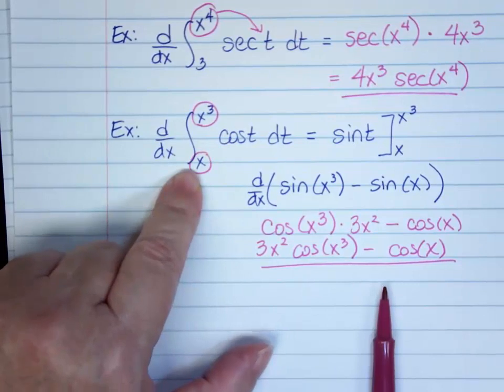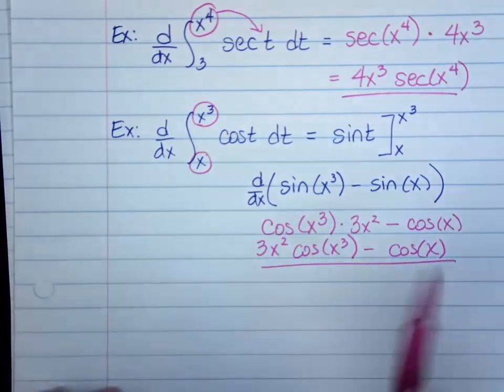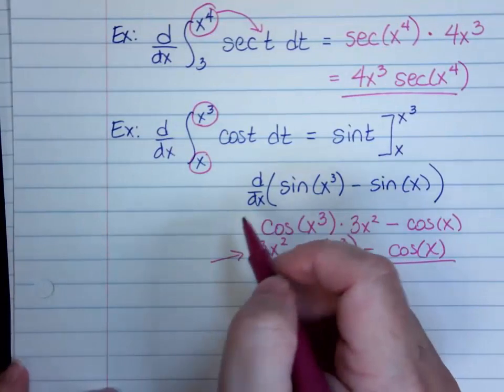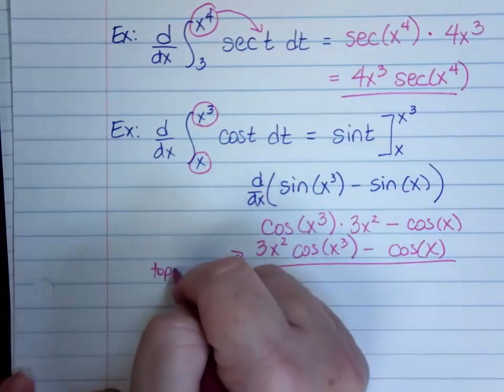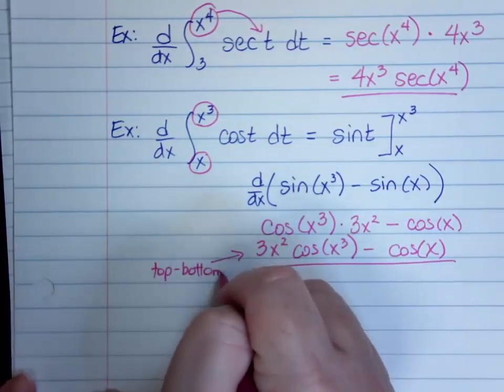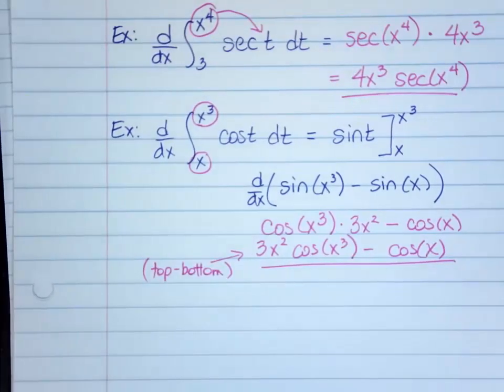Exactly. And what you need to remember is the order in which you do it is top minus bottom. Remember I told you top minus bottom is huge for the rest of this unit and for the rest of the school year. It's the top thing minus the bottom thing plugged in.